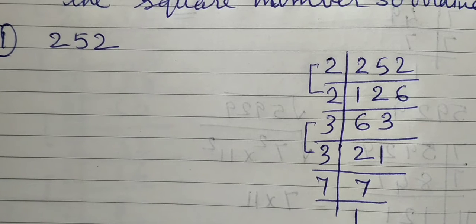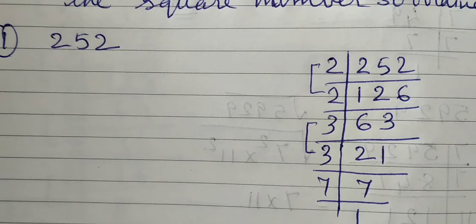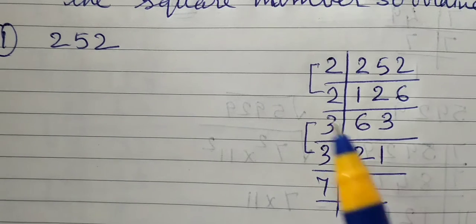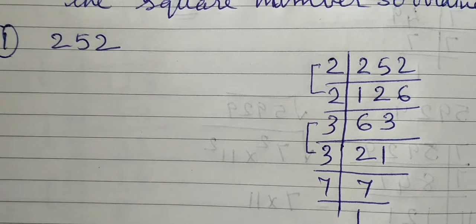But you have to find out the smallest whole number by which on multiplying 252 we get a new number which is going to be a perfect square, and then you have to find out its square root. To find out its square root, you need not carry out the whole process like this. You just have to do one single change. What type of changes you have to do? Just look.